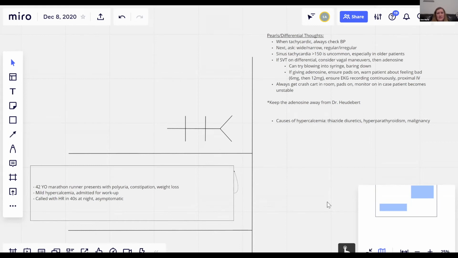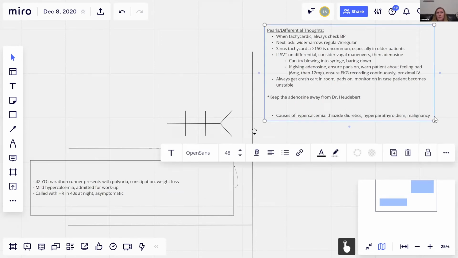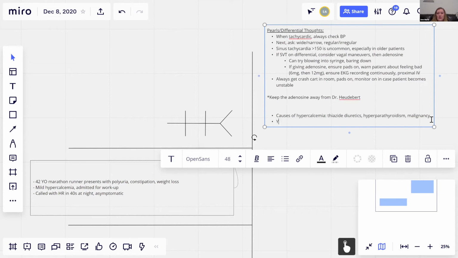This is someone who sounds like they're in very good shape, which makes me wonder if this is just the runner's pulse that's lower at baseline, and then our pulse drops even lower when we sleep. A lot of times, young, fit, healthy people will be bradycardic when they sleep, and it's not necessarily pathology, it's just physiology because they're conditioned and they have a young, healthy heart.